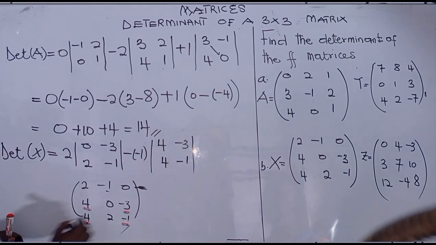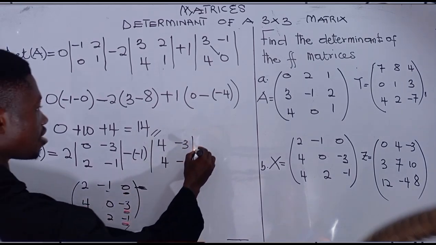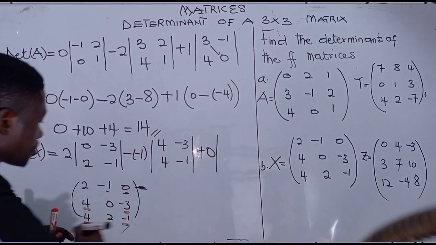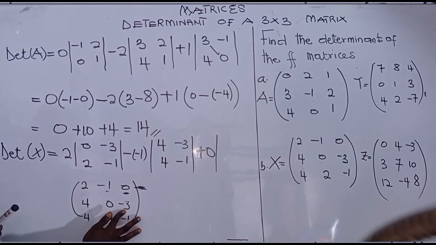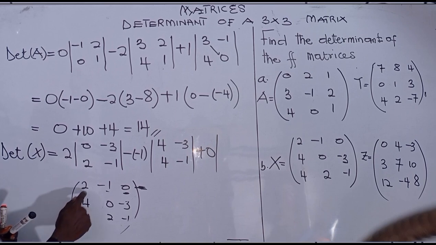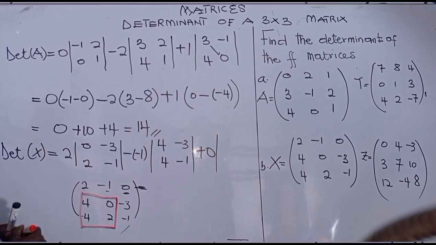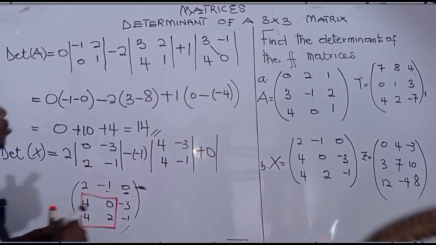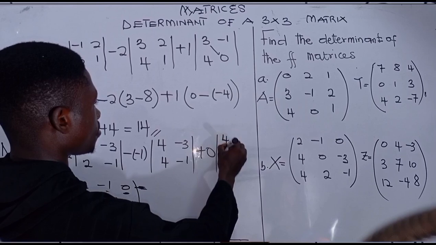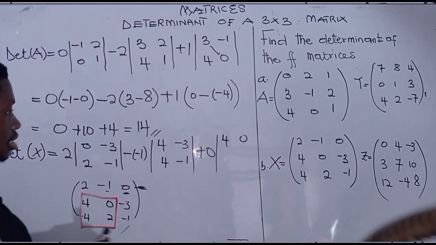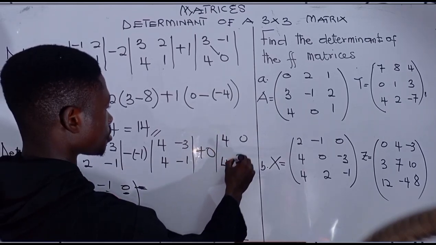Then move on to the last entry, which is this. So we have plus what, 0. So with the last entry, we are going to collapse the first row and then the last column. So we'll be left with these entries: 4, 0, 4, 2.